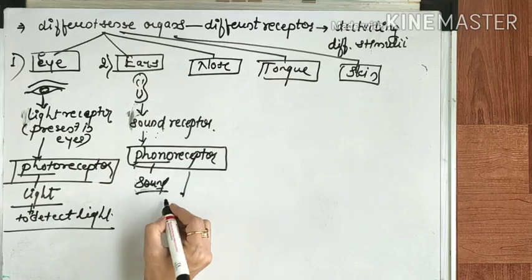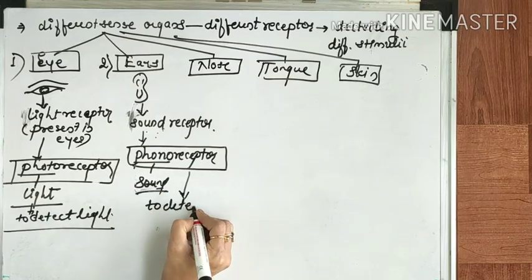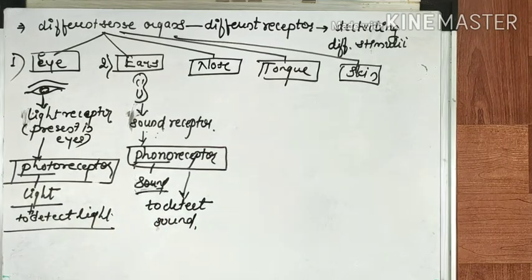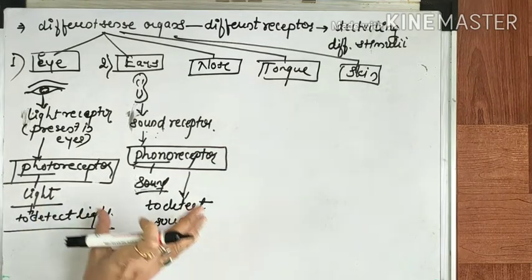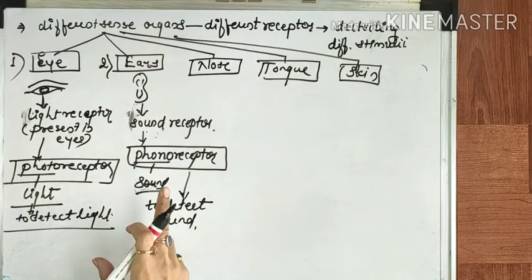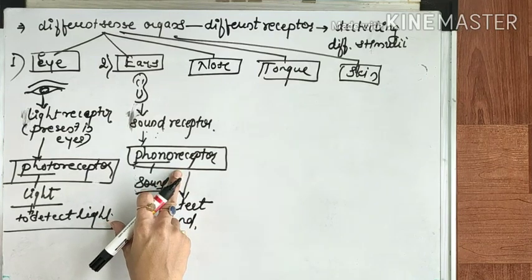And what is the need of this phonoreceptor? To detect sound. So this is all about the second sense organ, the ear, which contains a receptor called the phonoreceptor.